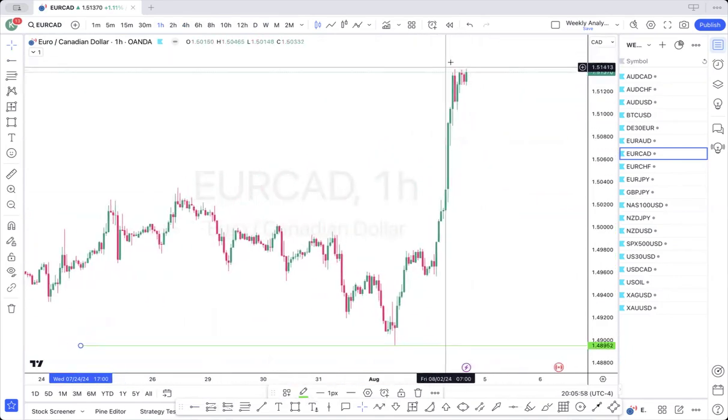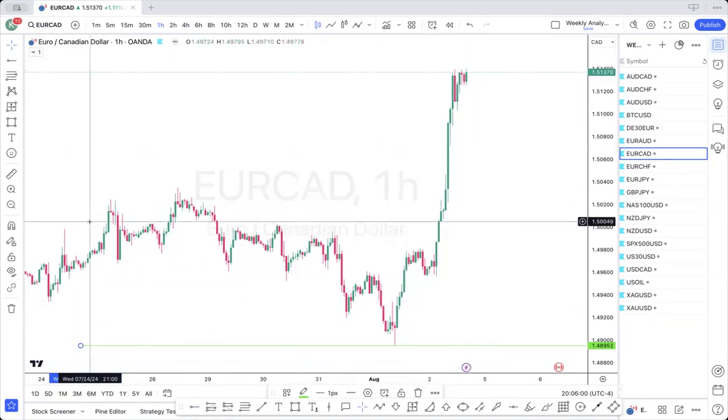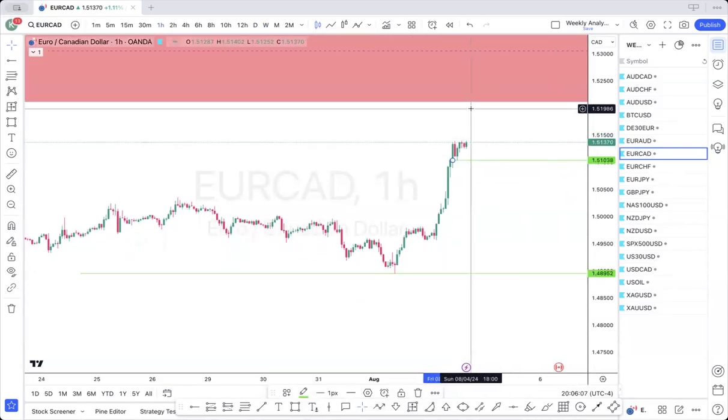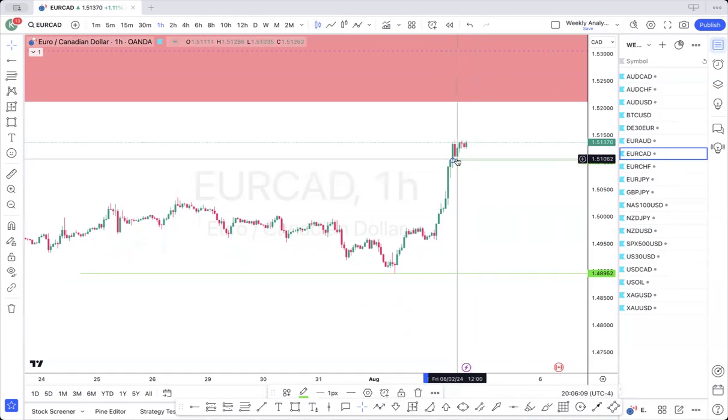once price breaks above these highs, then this will be your swing low. Once price pushes up, this is then your swing low.